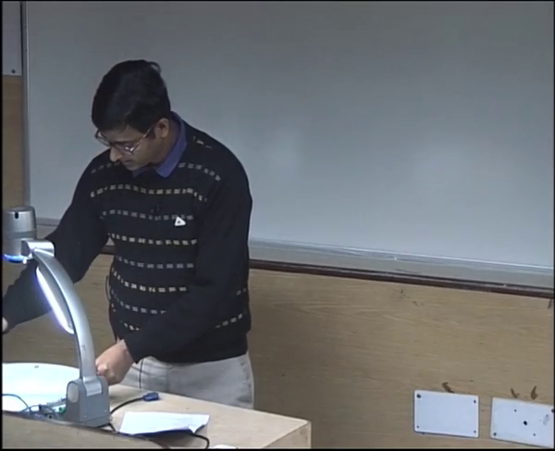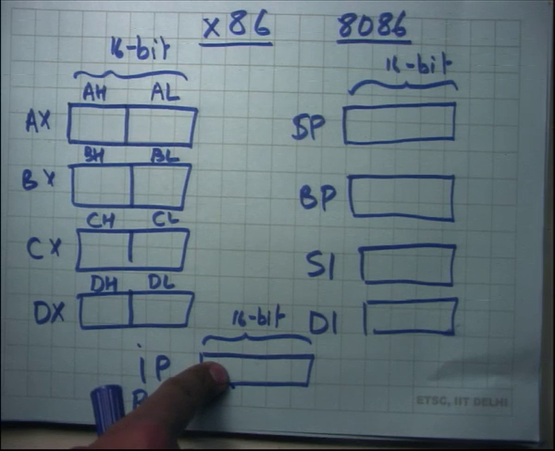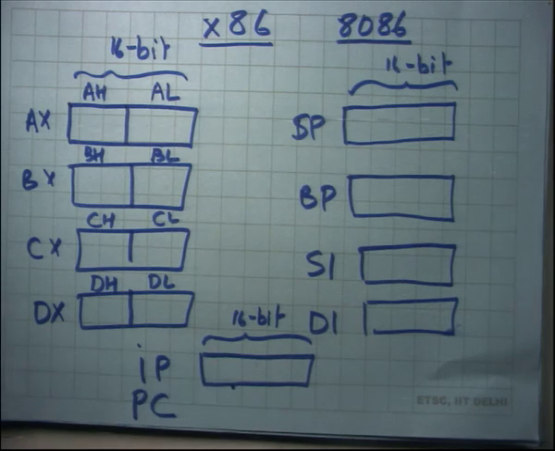Also the IP gets incremented on every execution of an instruction. Plus there are special instructions that can manipulate the behavior of IP, like the jump instruction, or the jump conditional instruction, or the call instruction, or an indirect jump instruction, or a return instruction.